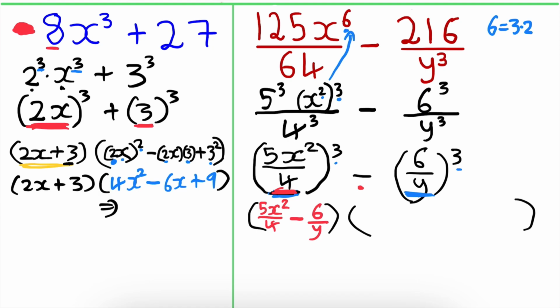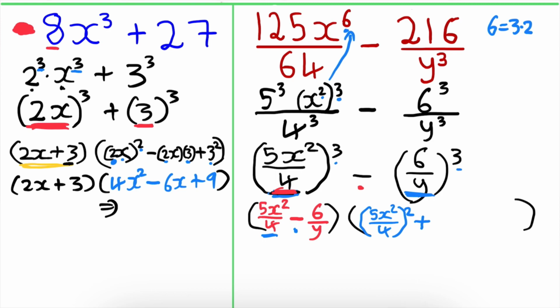So I open the second bracket, you take this base here, 5x squared over 4, then you square it. Remember, in the second bracket you're squaring A. Then, if we have a minus here, in the middle term we're going to have a plus.